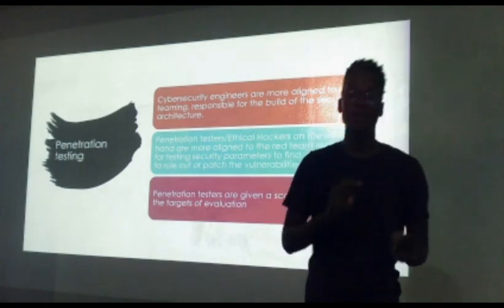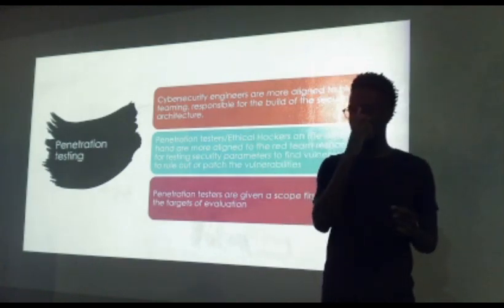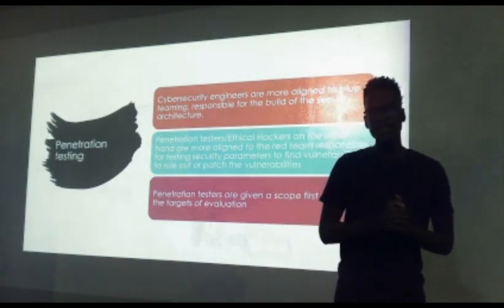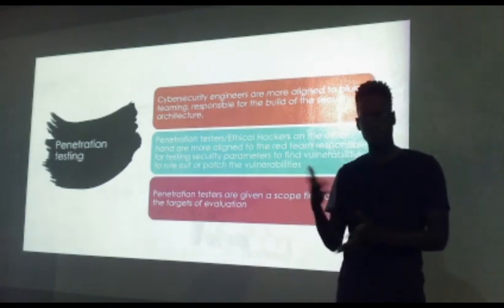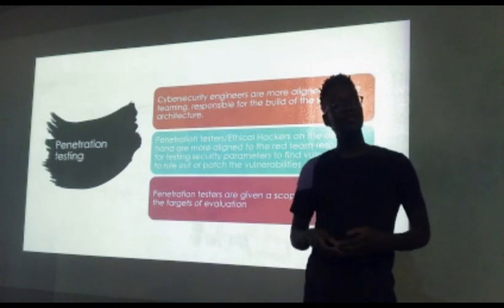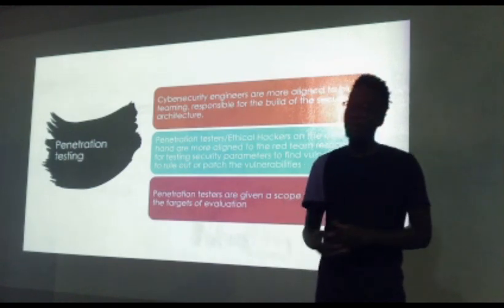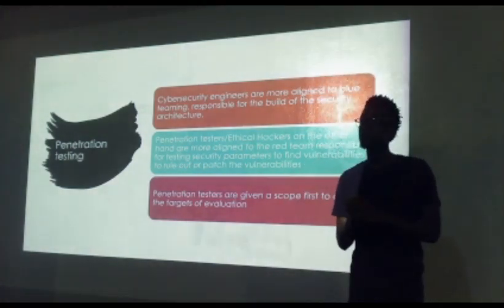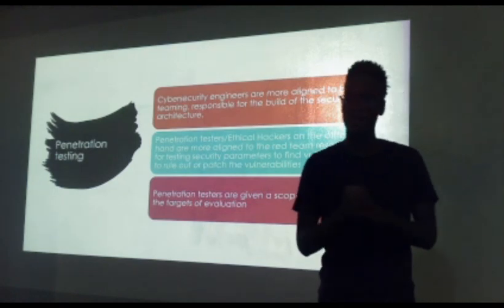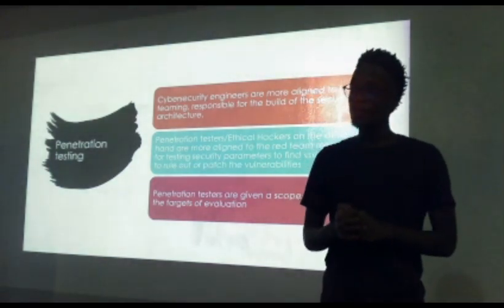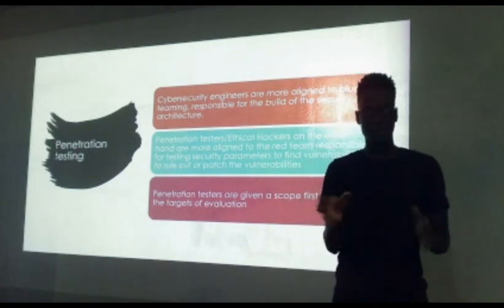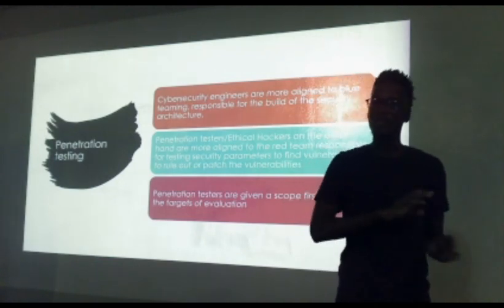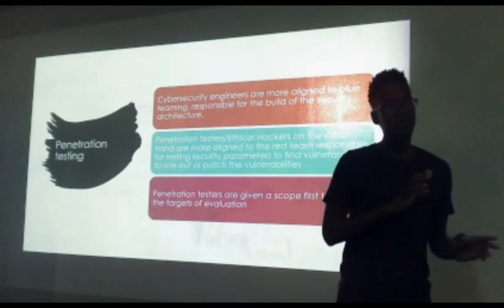Then we have the bad guy, which is the penetration tester, okay? And he is more aligned to the red team. Remember, blue team is defense, red team is offense, okay? His job specifically is to test the security parameters that have been set up, okay? So he is now going to pretend as if he knows nothing that has been set up by the blue team, and then he's going to go in there and attempt to break it down.